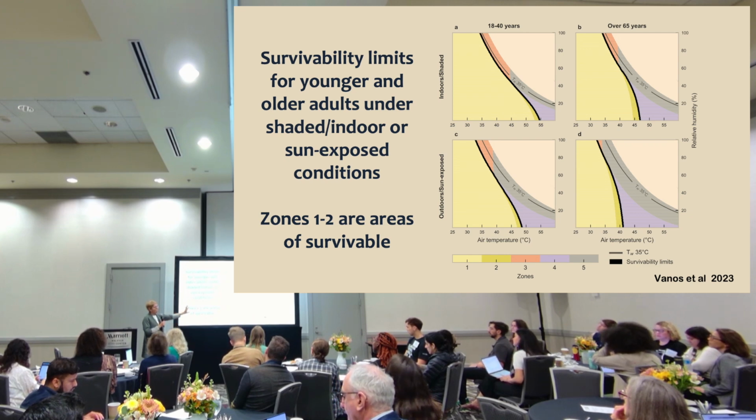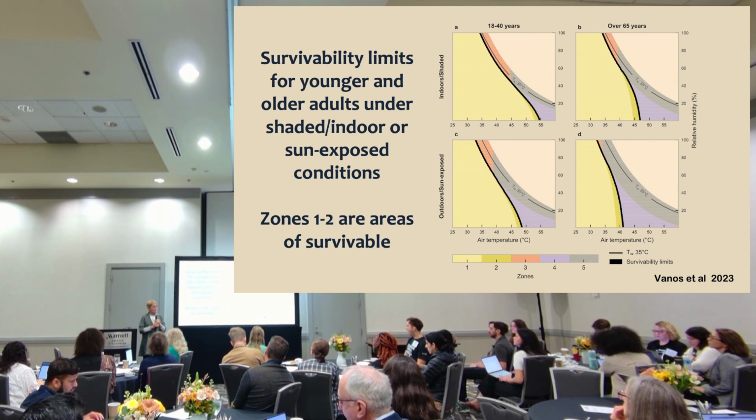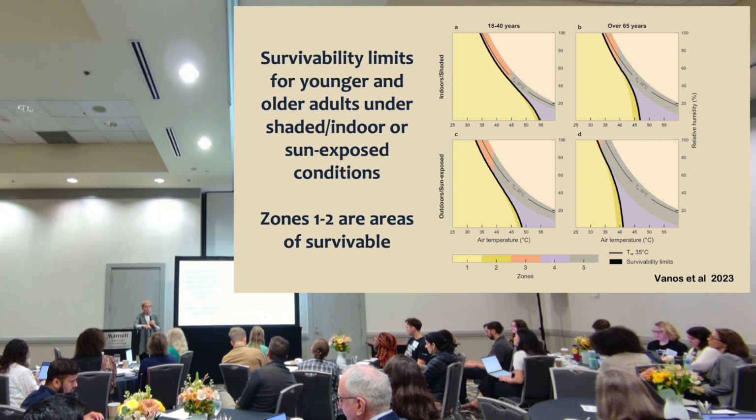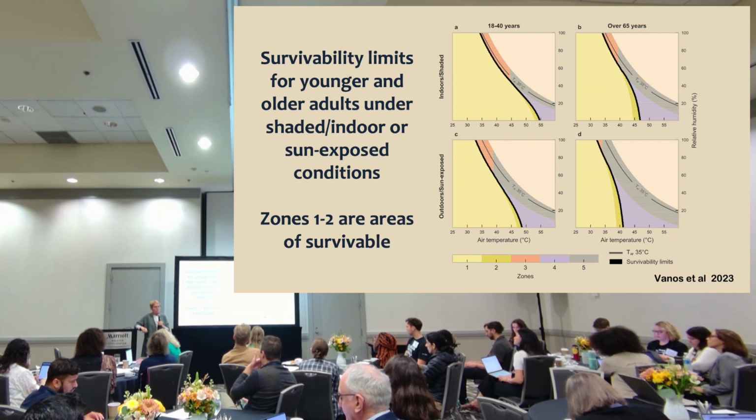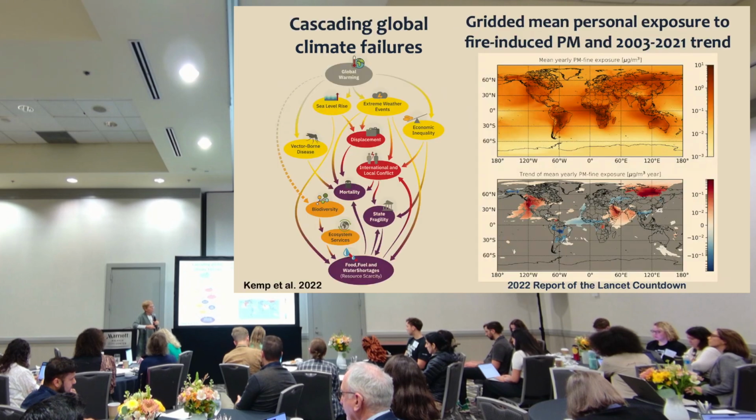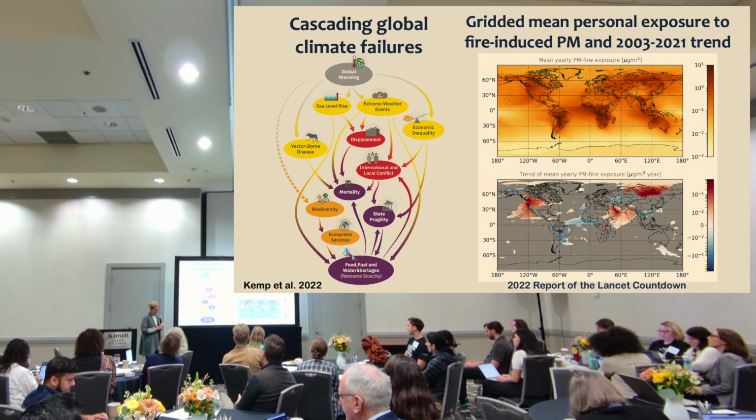And so when you see these papers on survivability and livability, first of all, make sure that the paper is clear on what it's actually talking about, and understand there's a lot of nuance here. It depends on people's activities, it depends on their clothing, it depends on the infrastructure. I hope that was relatively clear-ish. Come back to me later if it's not.